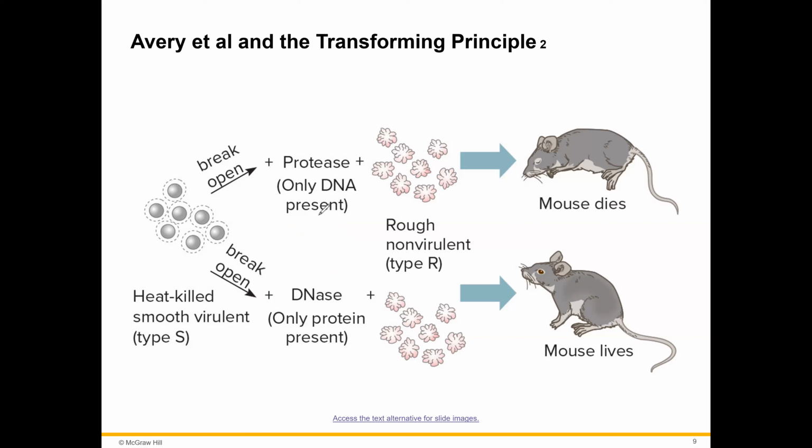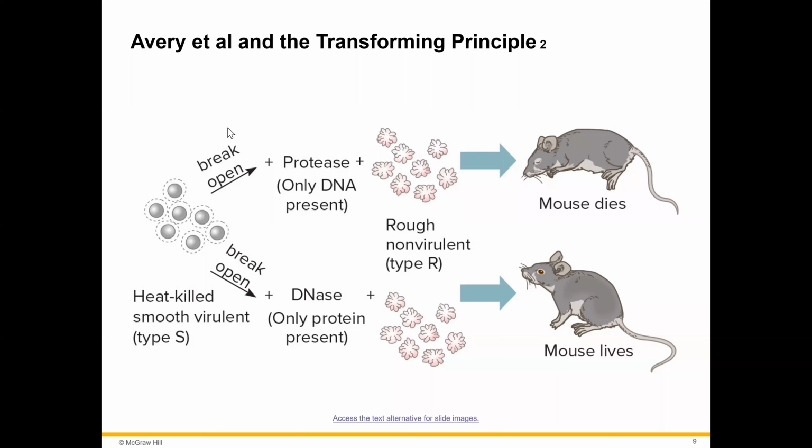First, you destroy all DNA and you have only proteins, and you see, nope, if I don't have DNA, nothing happened. But if I destroy proteins and I keep DNA functioning, right? So I keep the structure and shape of DNA, then DNA transforms R into S.